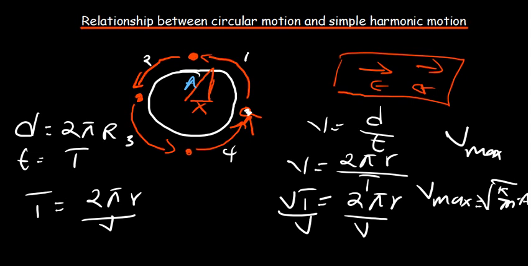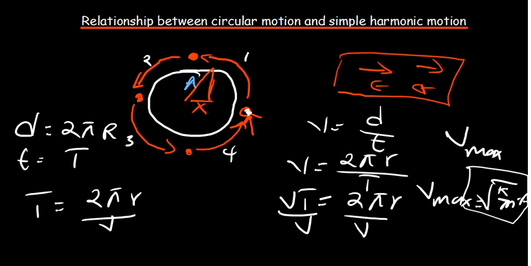So we can replace this with the velocity down there. What are we going to have if we replace that, or we can just solve from here.